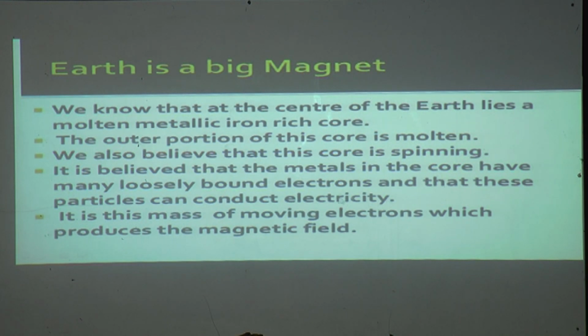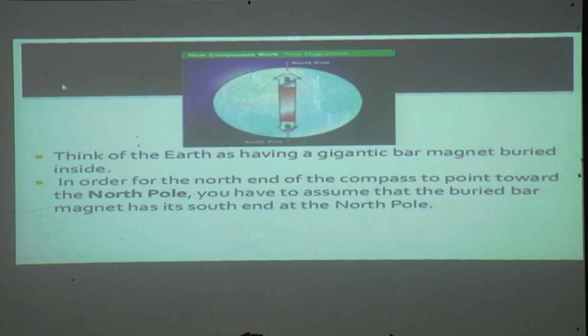It is this mass of moving electrons which produces the magnetic field. Because of that, it is said that earth is a big magnet.